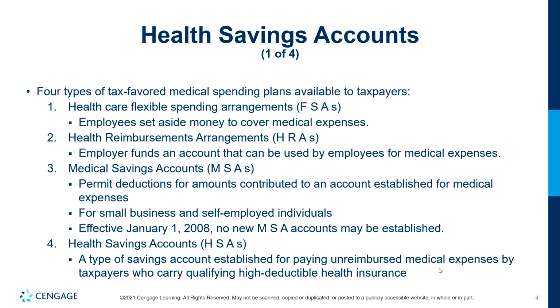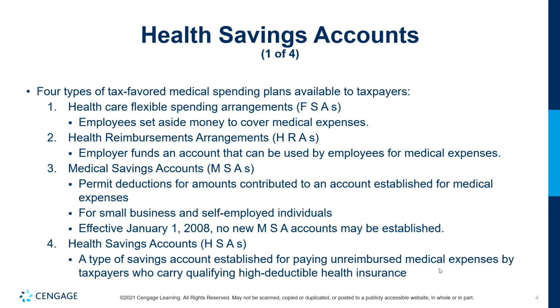And of course, we're going to go through a little bit of negatives on these. But basically, we're going to do basic info. Number 2, we got health reimbursement arrangements, HRAs. And this is where the employer funds an account that can be used by employees for medical expenses.